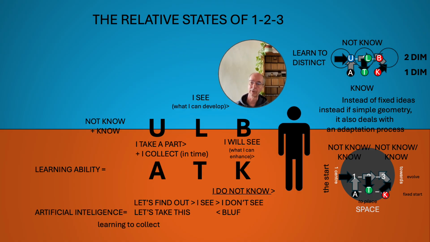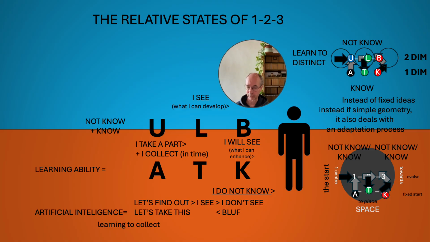And that's also how you go from one dimension to two dimensions. It's not just a geometrical expansion where you say, okay, I now have more. No, it still deals with this process of 1, 2, 3 options, and here the 1, 2, 3 options are going from fixed points towards an evolution, towards an evolving thing, towards changes, towards adaptations.